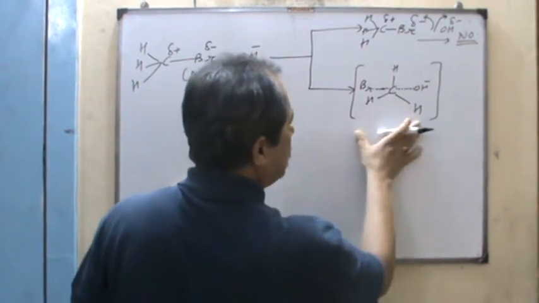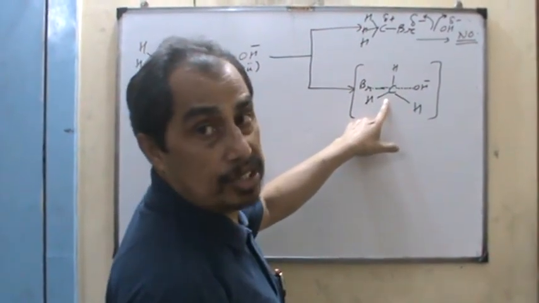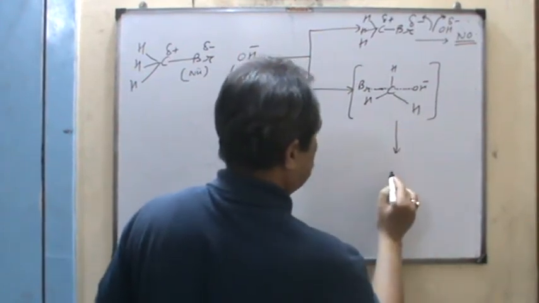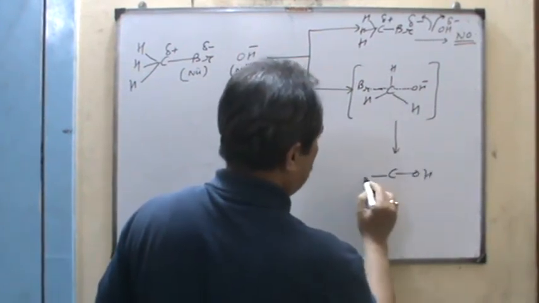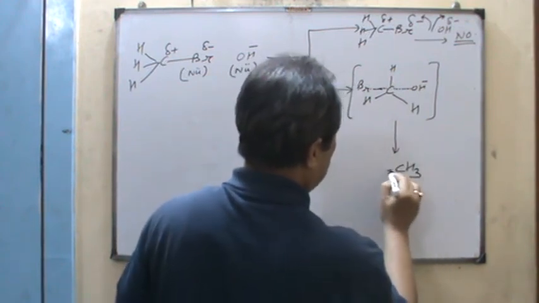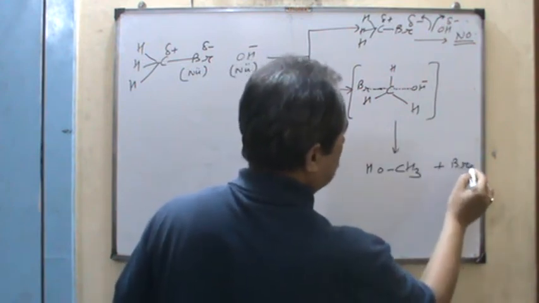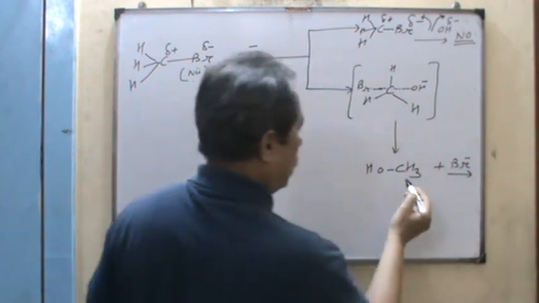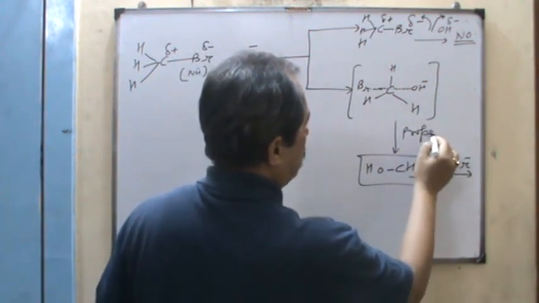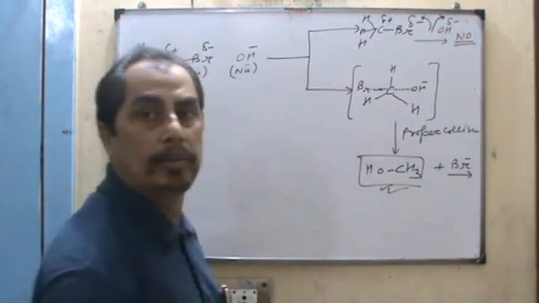So this is the intermediate stage, and after that product formation takes place, CH3OH, methanol, right? And the bromide ion slowly goes out of the reaction. So this is the proper collision, and proper products are formed.